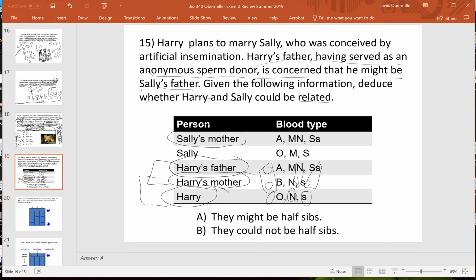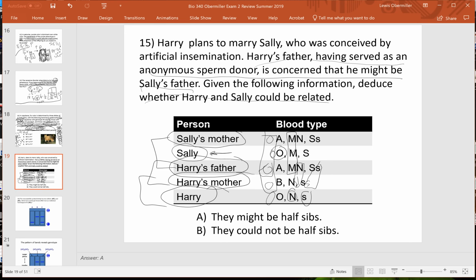We know Sally's mother, right? And Sally. So we want to know if these two could have this kid. And so we know that this could be AO. And so the question is, can two O people have an O kid? This would be OO, and the answer is yes. Can two people that have both M and N alleles have an MM kid? And the answer is yes.